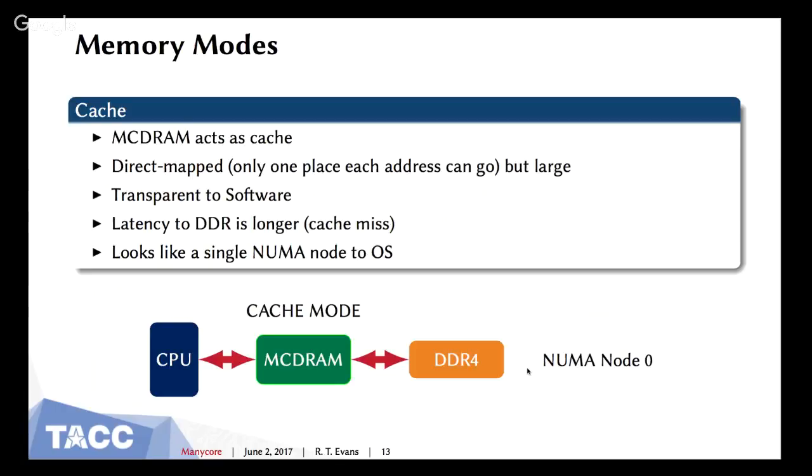And it can speed codes up quite a bit. I have one code using about 40 gigabytes on a node, and the difference between running in cache mode and say just DRAM is about 40%. Now this is a code that's very memory bandwidth dependent, but it makes a huge difference. This is the easiest way to use the KNL.